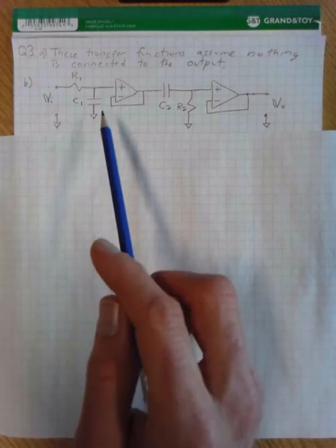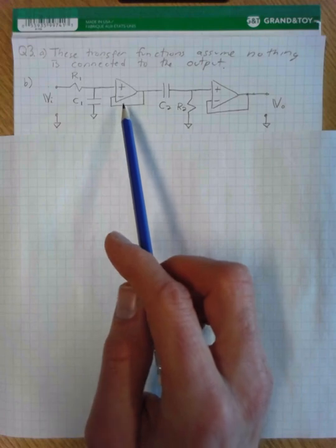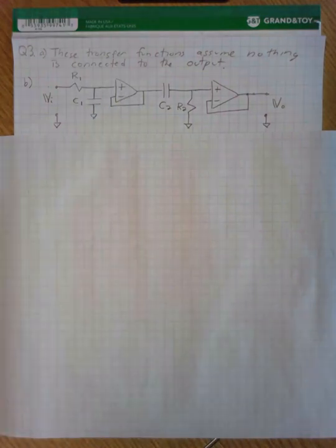A few other people incorporated capacitors and resistors into their feedback path. That is a design technique for sure. You can make what they call active low-pass and high-pass filters by incorporating capacitors and resistors into the feedback path.